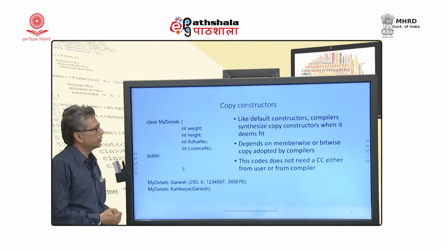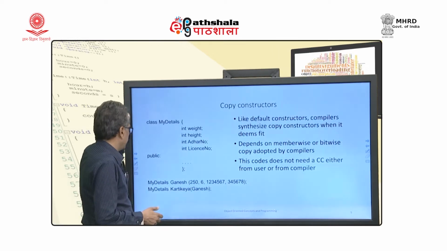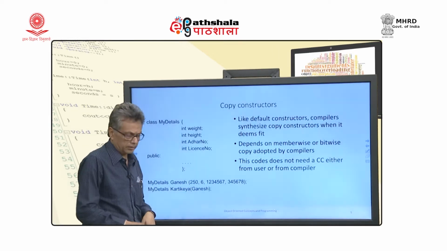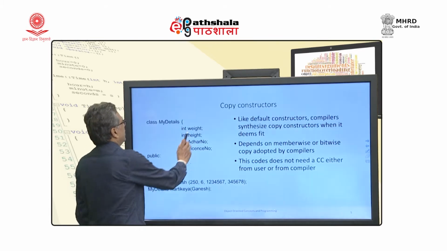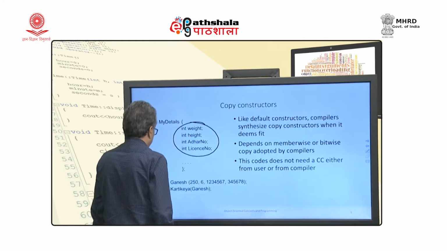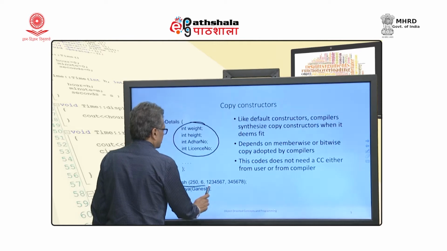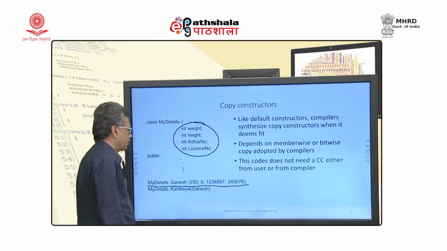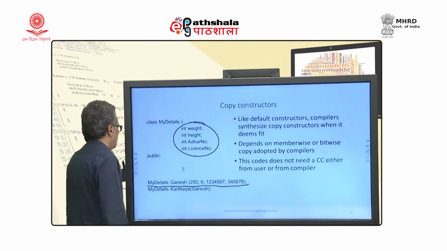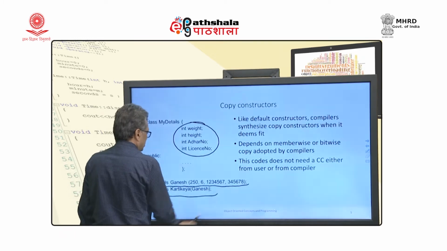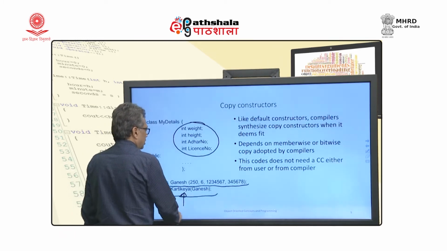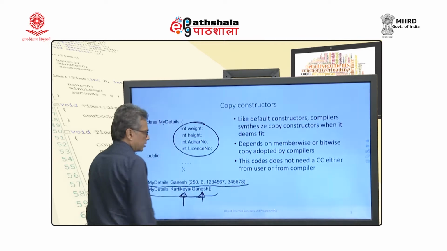We start with the copy constructor. For example, if I have a class called myDetails, and it contains some information. Now, if I have myDetails Ganesh, this is a constructor that I am calling with specified values. Now, I am creating myDetails Karthikeya from Ganesh.